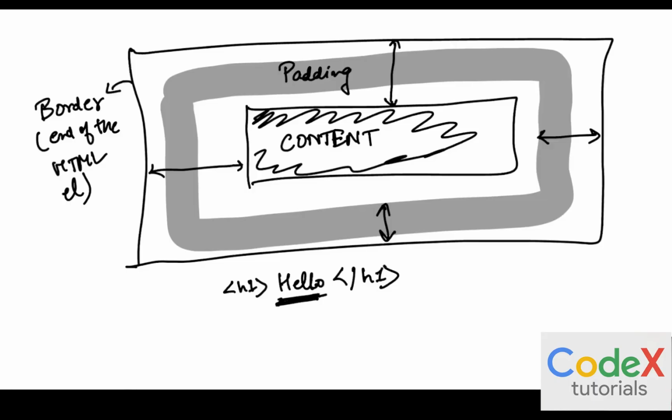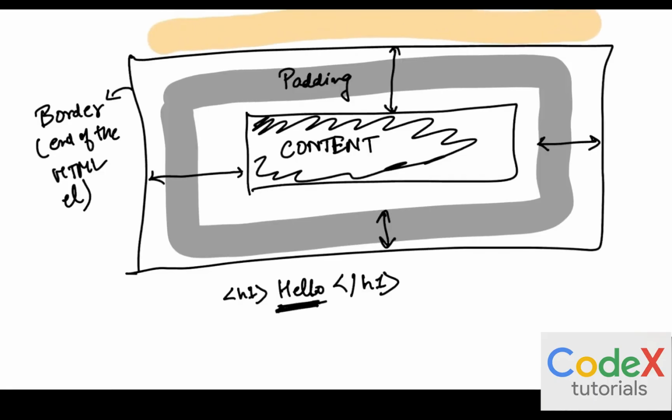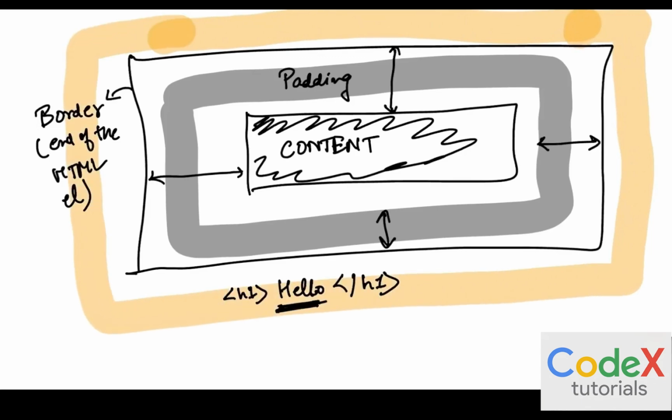Now, apart from border, there is yet another concept of margins, and margin is nothing but the area all around the actual HTML element. So all the space around, this orange area which you're seeing, all the space around the actual HTML element is considered to be margins.